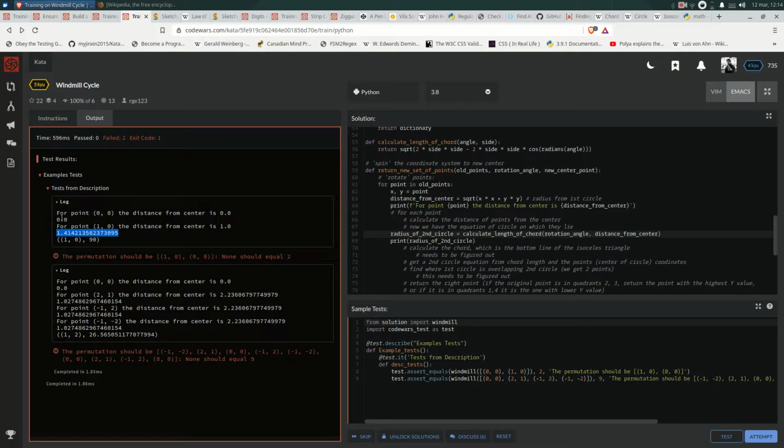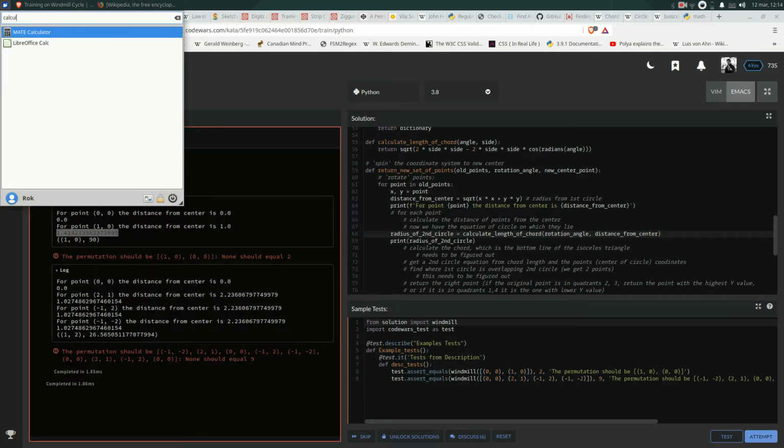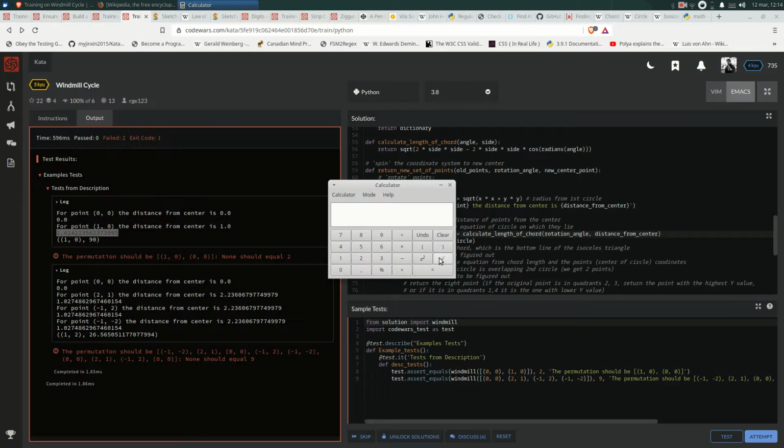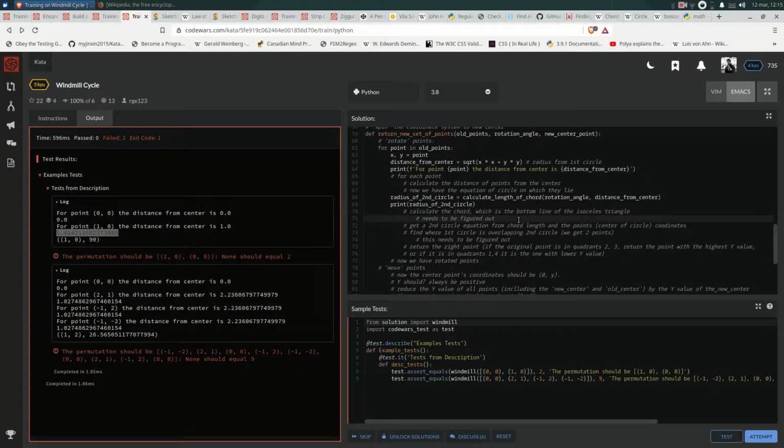With a calculator, that's square root of 2, 1.41, yeah. Alright, so we got the radius of the second circle. Now calculate the chord, which is the bottom line of the isosceles. This needs to be figured out, and it has been, good thing to congratulate ourselves.